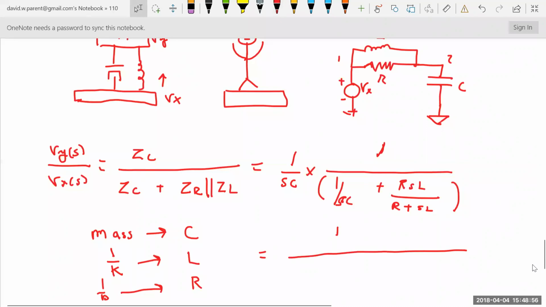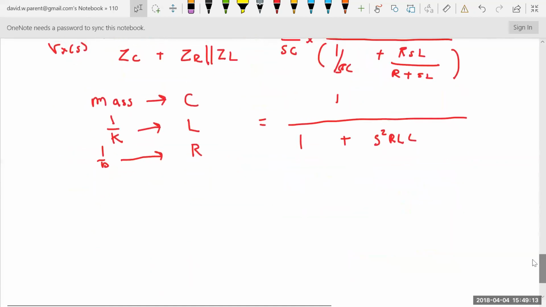So SC comes through, 1 over SC, I'm going to get 1, plus S squared RLC divided by R plus SL. Still, it's not in that nice polynomial format where we can use the quadratic equation and find out what's going on.